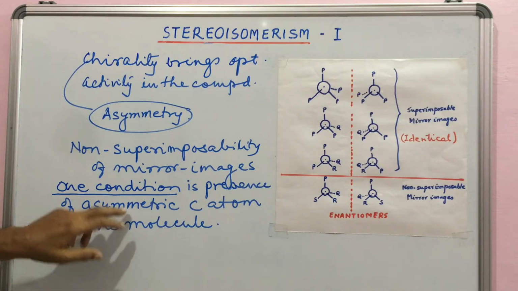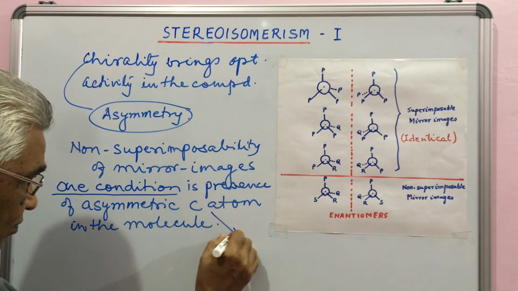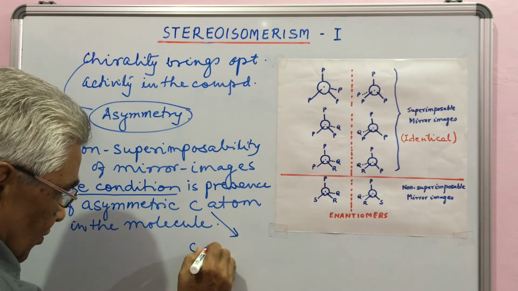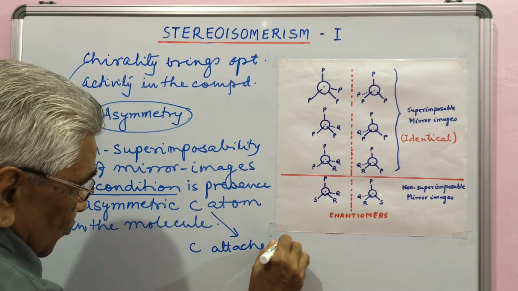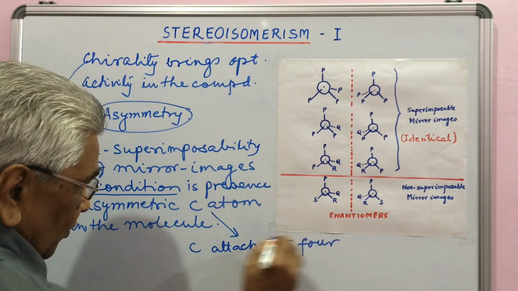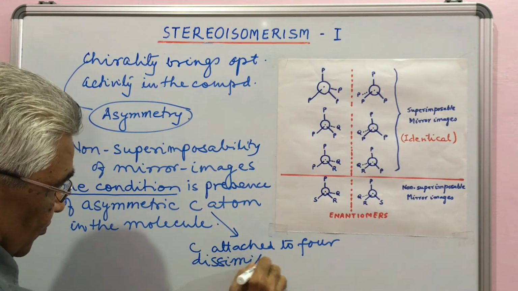An asymmetric carbon atom means a carbon attached to 4 dissimilar substituents.